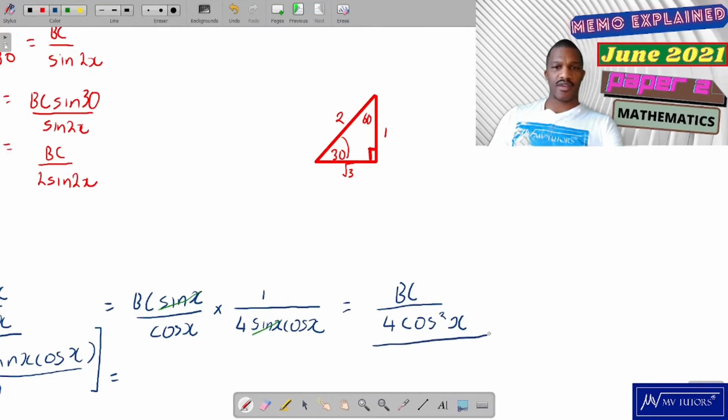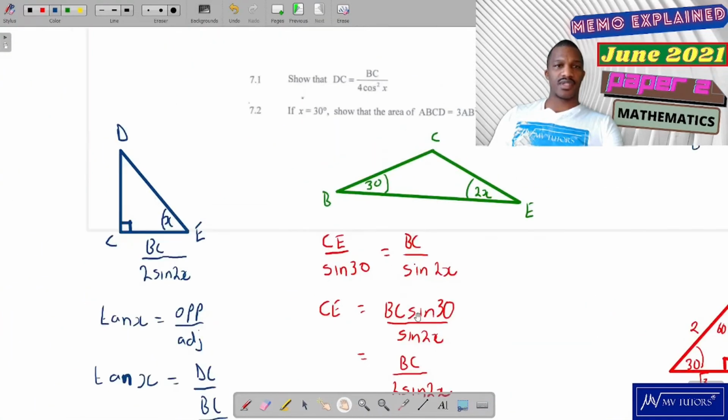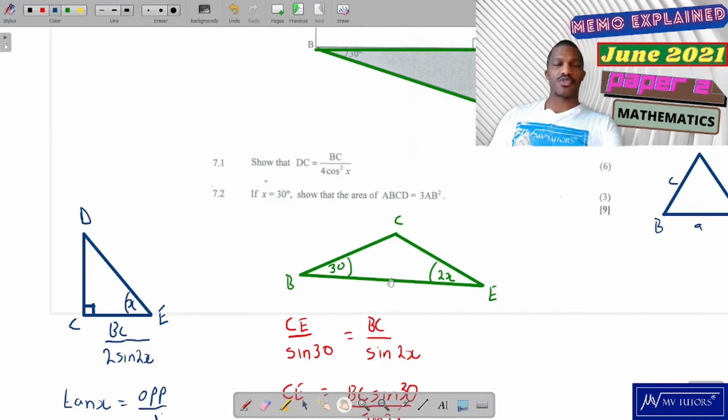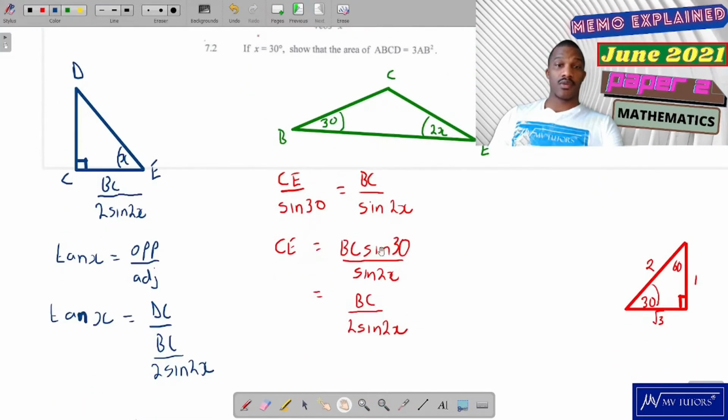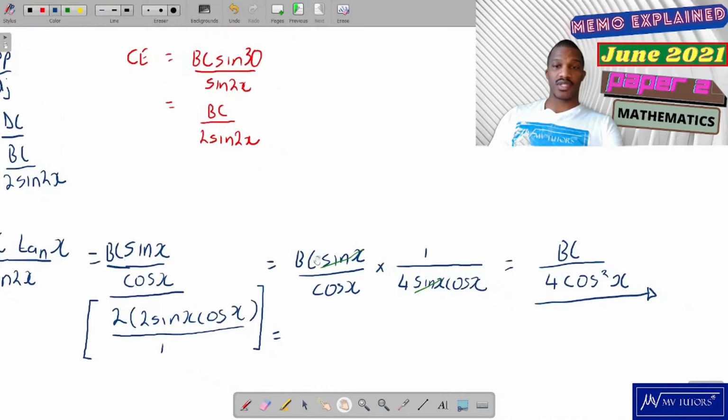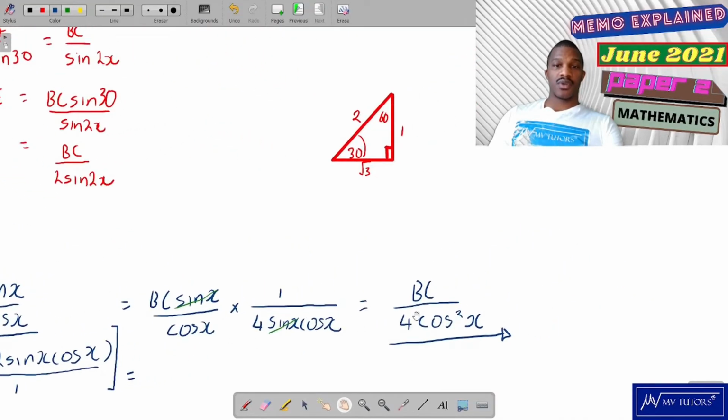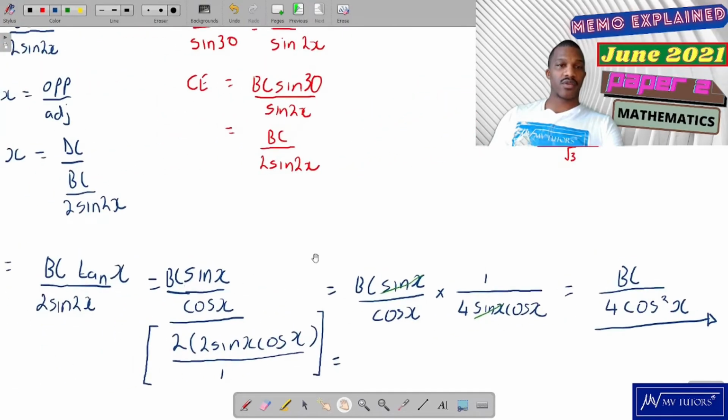All right, is that our final answer? We can always go and verify. Is it the same as what we're given? Absolutely. For 6 marks, we did a whole lot of work, as you can see, but we got the answer eventually. All right, so that's how you do that question.